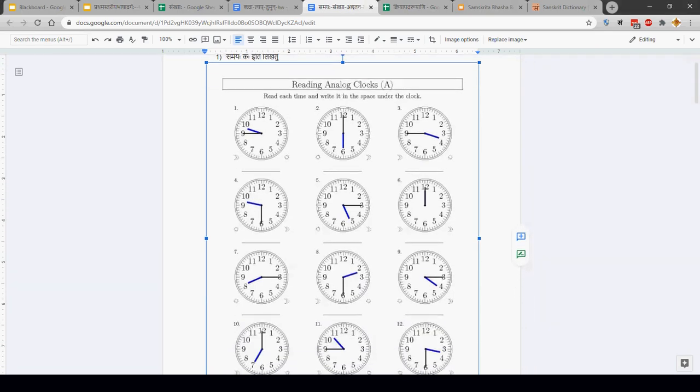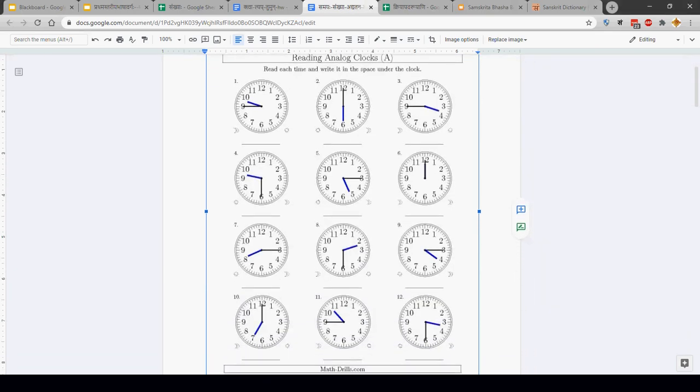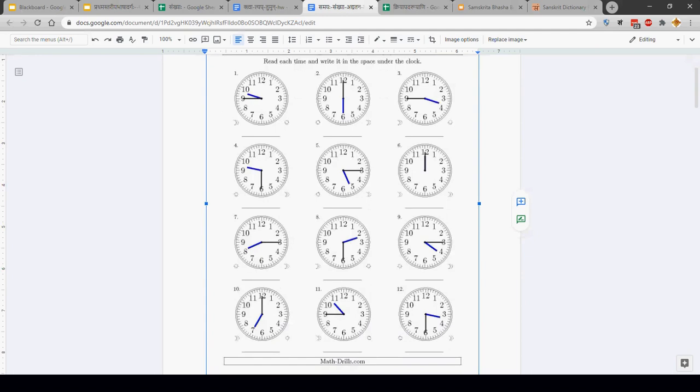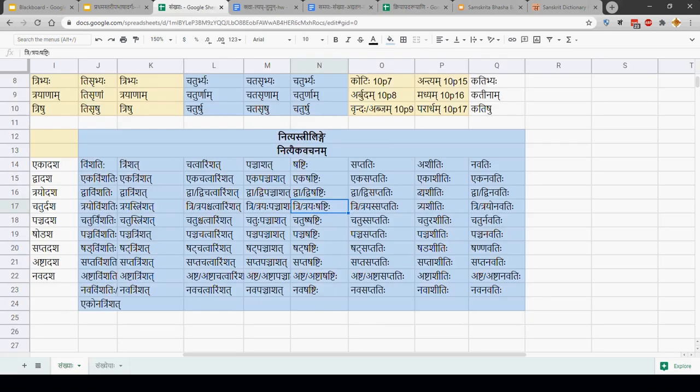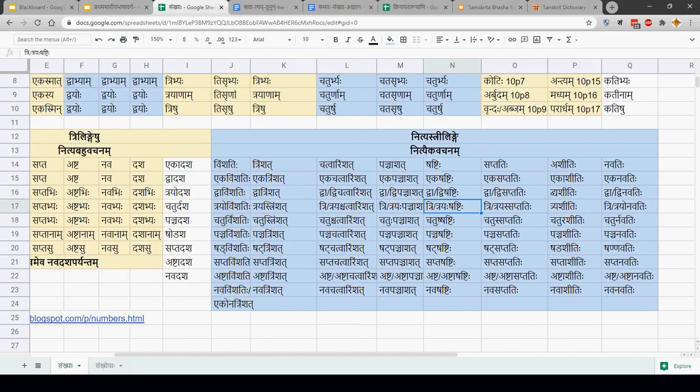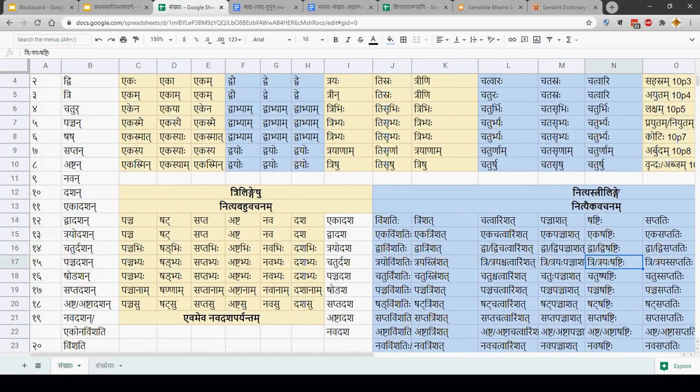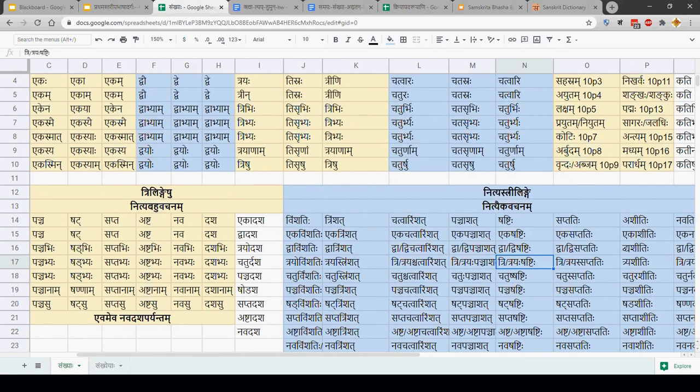To read the clock, now we know the numbers, right? Numbers. Obviously, in the clock, we need which numbers? 1 to 12 for the hours and 1 to 60 for the minutes.